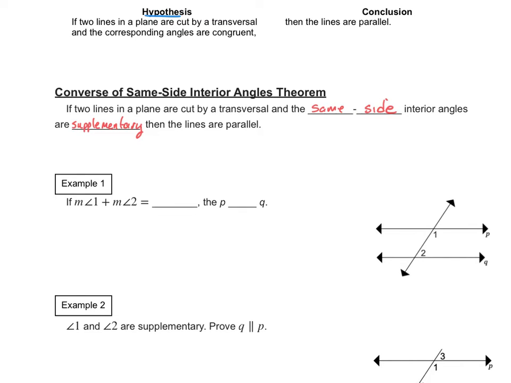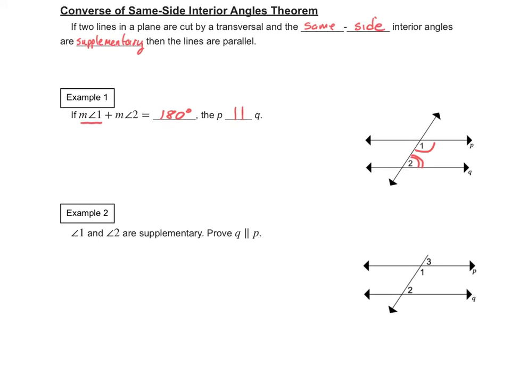So in this case, if angle 1 plus angle 2 is equal to 180 degrees, then line P and line Q are parallel. So that's reversing or switching the if-then statements from the same side interior angles theorem to the converse.